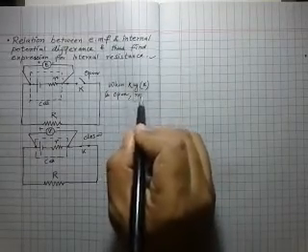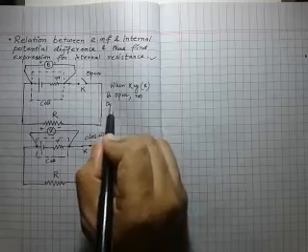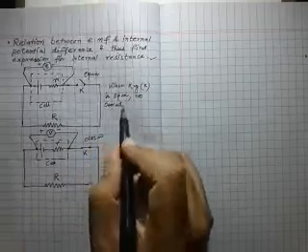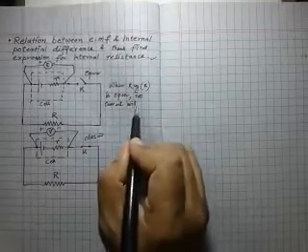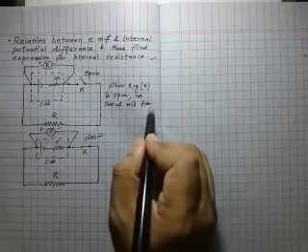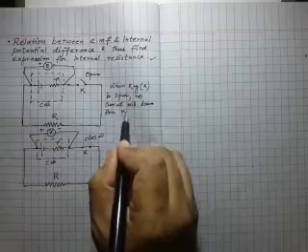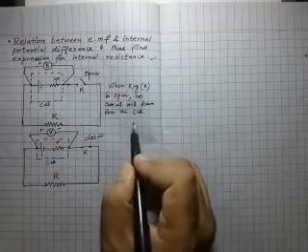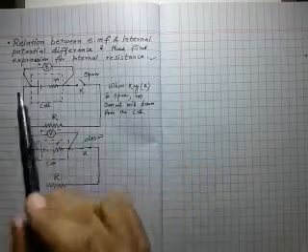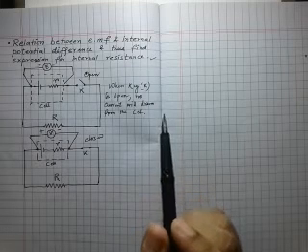So no current will be drawn from the cell. So the voltmeter reading will be what? It will be EMF.